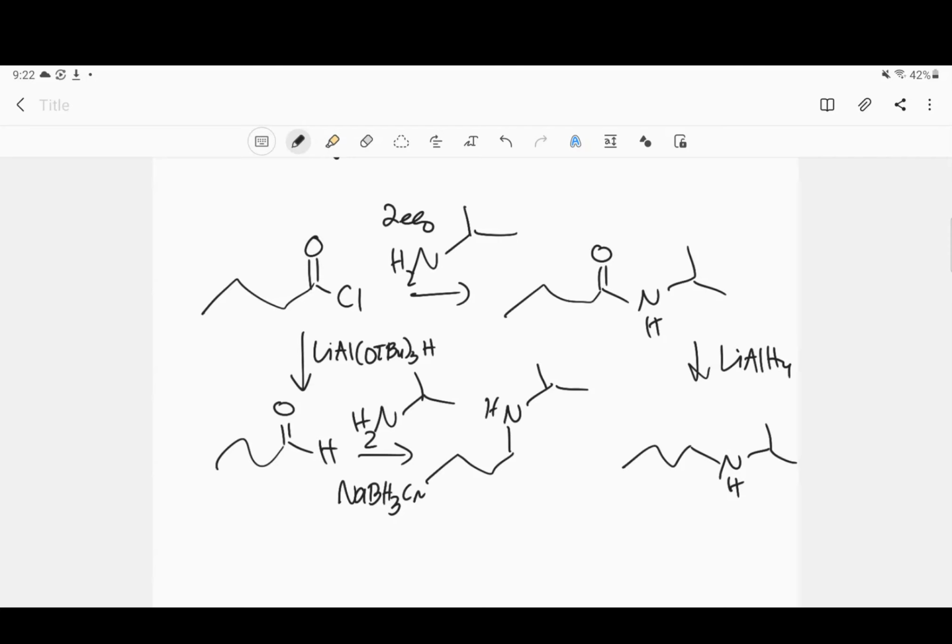No, I think her way, you end up with the amide. Yeah, you'd need to reduce that afterwards. Because you would end up here with the way that she's done it. You need to get rid of the carbonyl. Can't you just do Clemmensen? No, Clemmensen is for ketones or aldehydes. Get out of here.